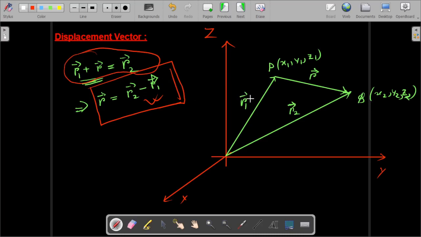You just add those vectors which are rotating in the same direction, and equate that to the vector in the opposite direction. This way you can find the displacement vector between 2 points.